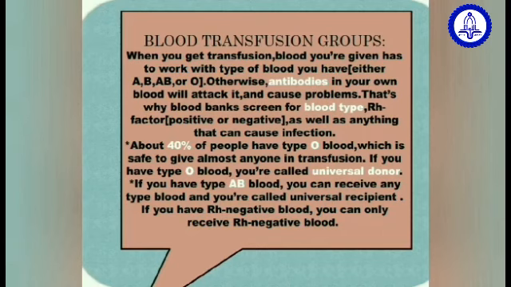About 40% of people have type O blood, which is safe to give almost anyone in a transfusion. If you have type O blood, you are called a universal donor. If you have type AB blood, you can receive any type of blood and you are called a universal recipient. If you have Rh negative blood, you can only receive Rh negative blood.